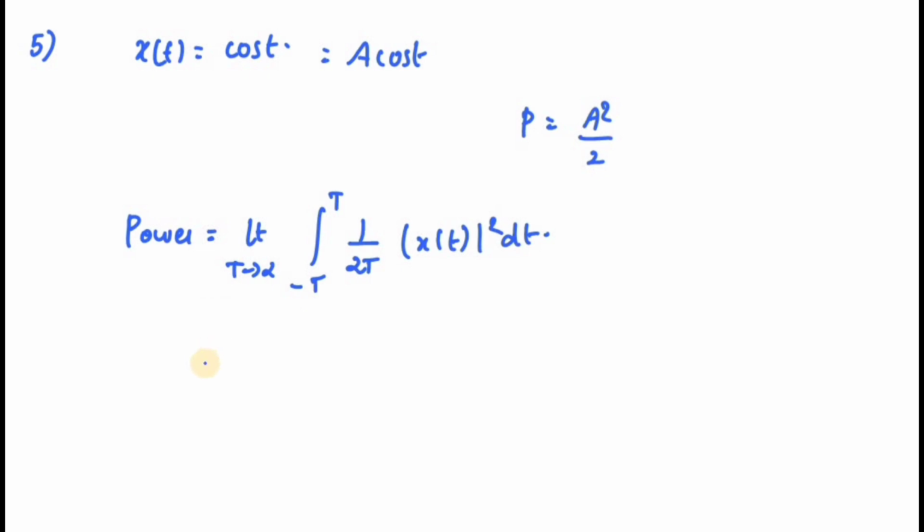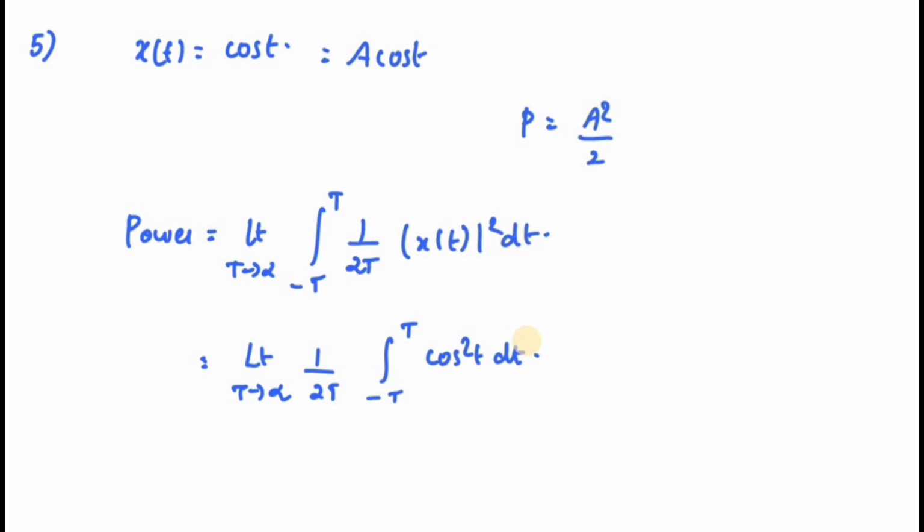So limit t tends to infinity 1 divided by 2t, integral from minus t to t. This is cos t, right? So you will get cos square t dt. So how to write cos square of t?